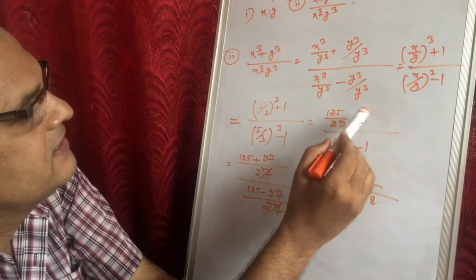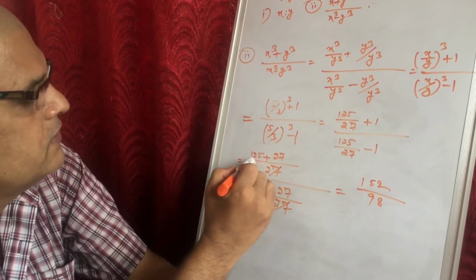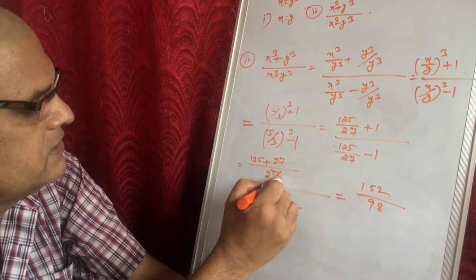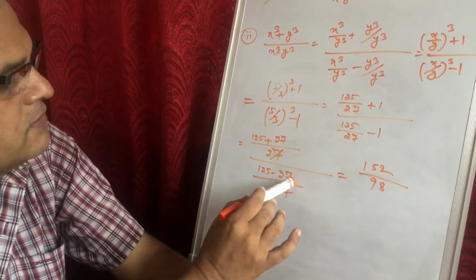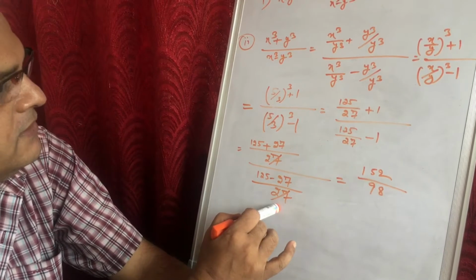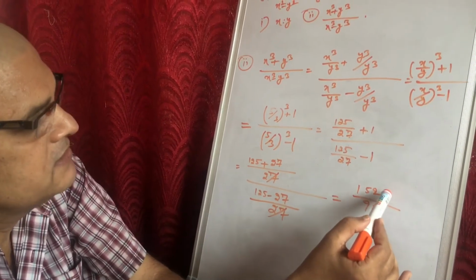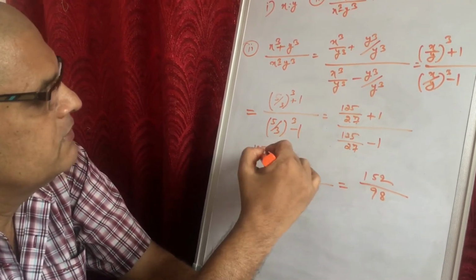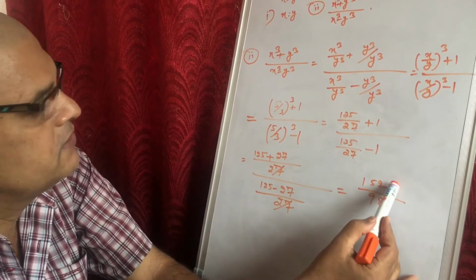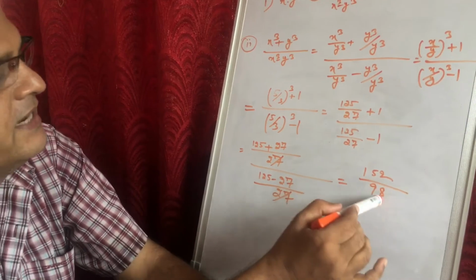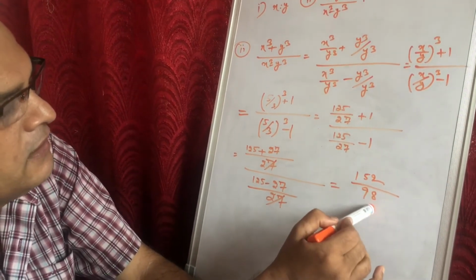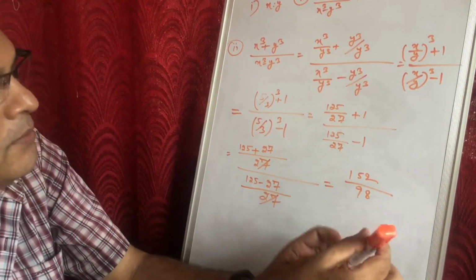So after adding, it will be like this: 125 plus 27 divided by 27, divided by 125 minus 27 divided by 27. Then after adding 125 plus 27, it is 152, divided by 125 minus 27, which is 98. Now I have to write it in the lowest form.